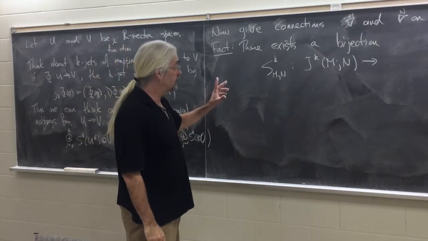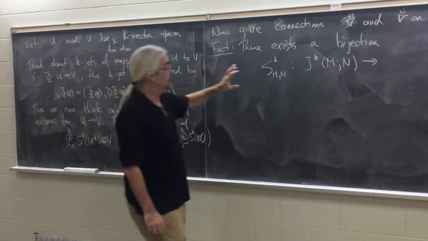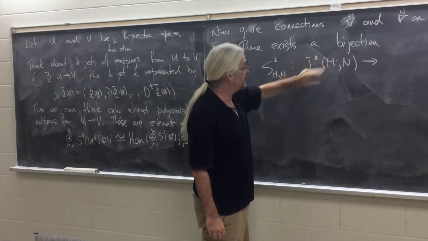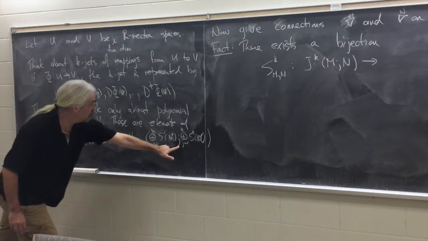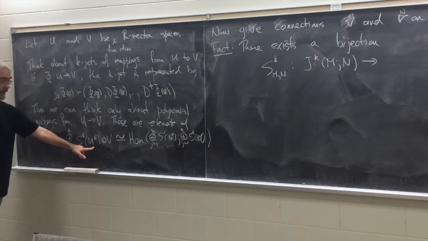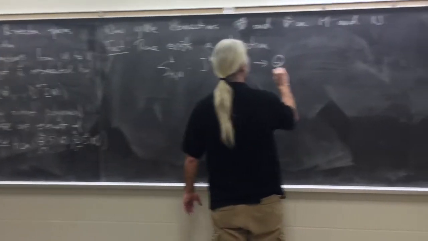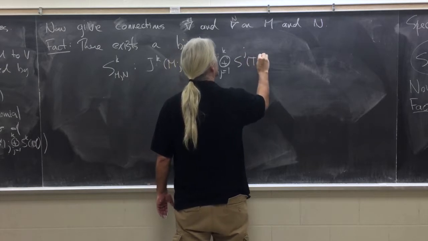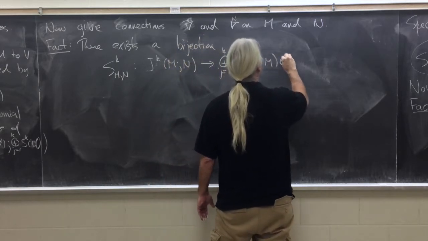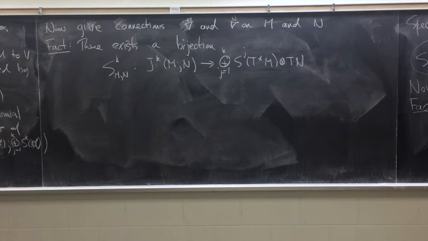We know by what I just erased that each element here is an algebra homomorphism, and by this statement here, algebra homomorphisms are these guys. Does it make sense? So what I get is this: S^j T star M tensor T n.